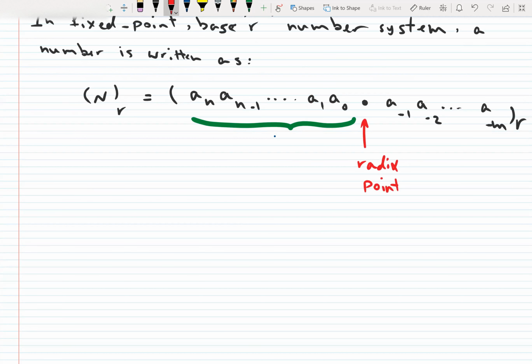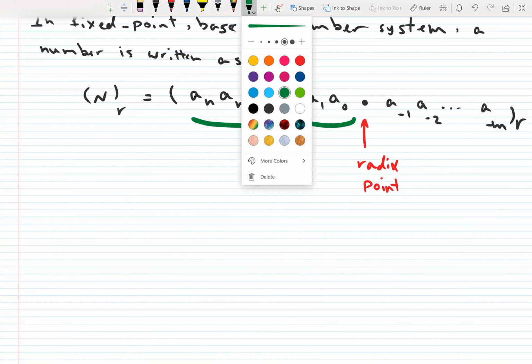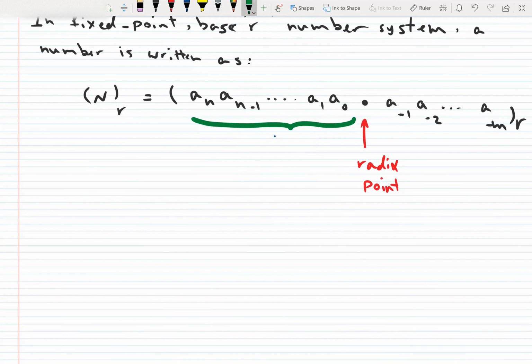The left side of the radix point we call the integer part, and the right side of the radix point is the fraction part.